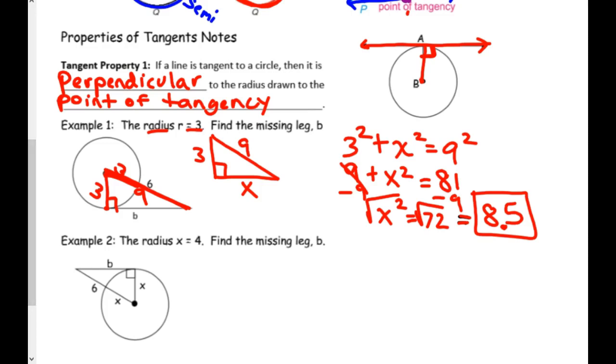So, example 2, the radius is 4. So, this radius and this radius are 4 and 4, right? So, that means this whole length is really 6 plus 4, 10.